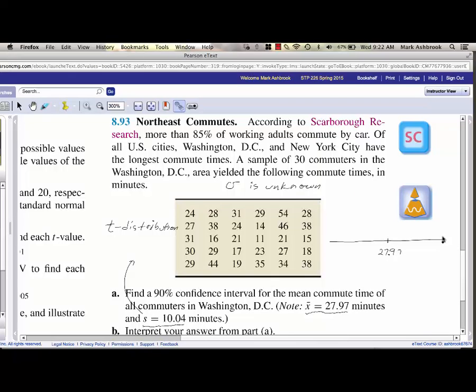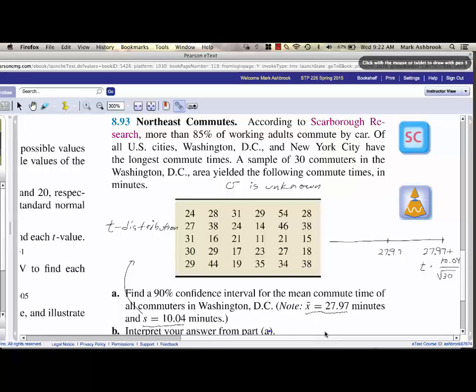And we're going to add to that a t-score times, now instead, the sample standard deviation over the square root of n, and n is 30. So how do we get this t-score? Well, this is going to be t for a 90% confidence interval. That will look like this.